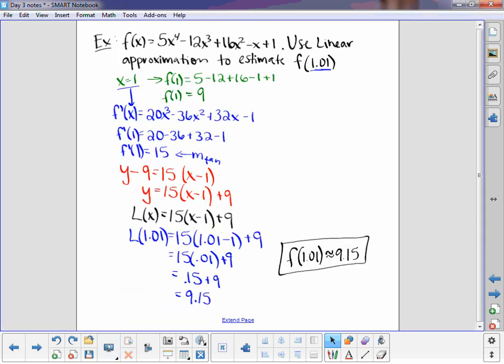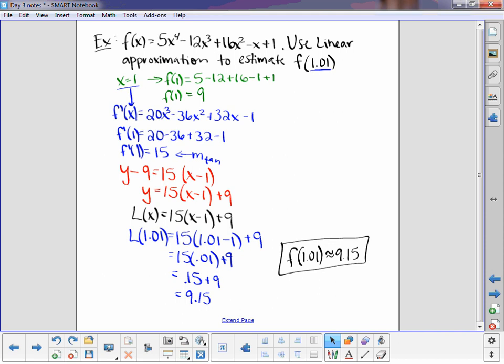Alright, so again, we took our equation, we picked a point close to the one that we had to find. We said, hey, 1's pretty close. We found our point for it, so x and y. Found our derivative at that point, so we could write the equation of the tangent line in red here. And then we use the equation of the tangent line to find the approximate y value that's associated with 1.01. And that is our approximation.